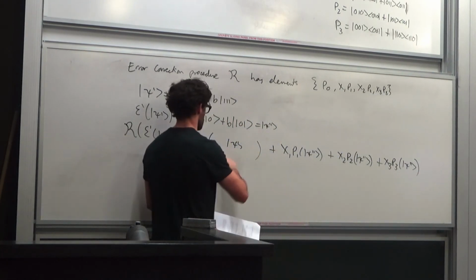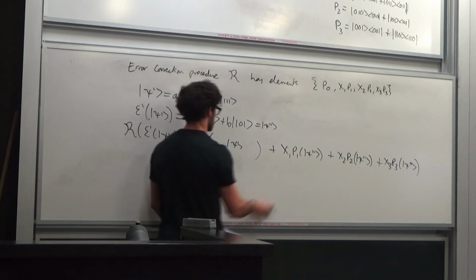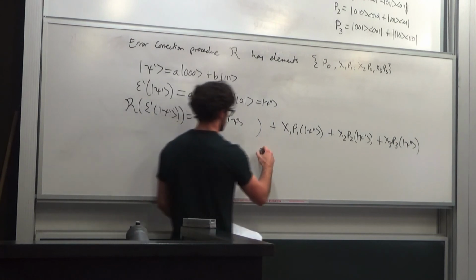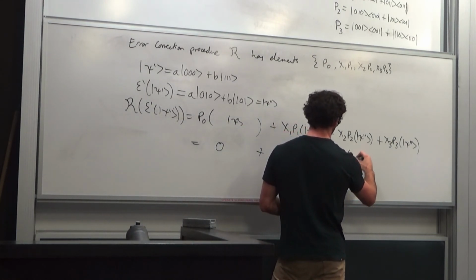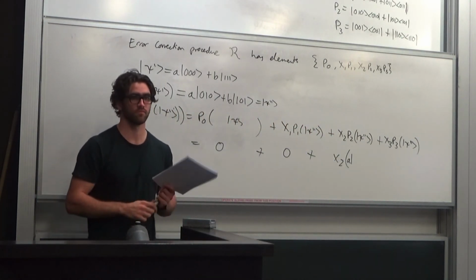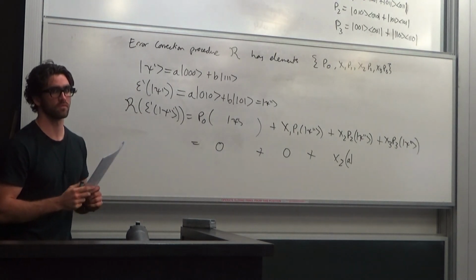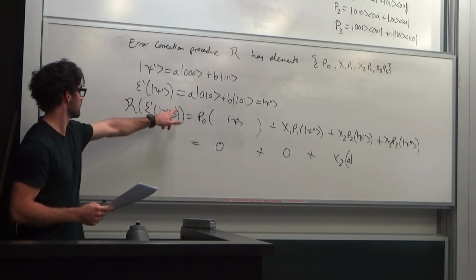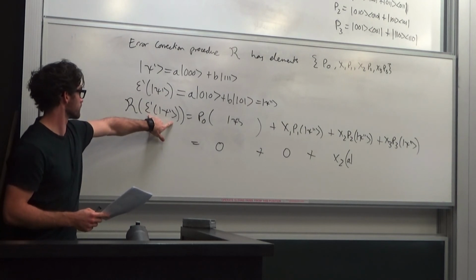Now all of these are going to be 0, except for the second, X2, P2. So this is the encoded word. We've put it through the error channel.